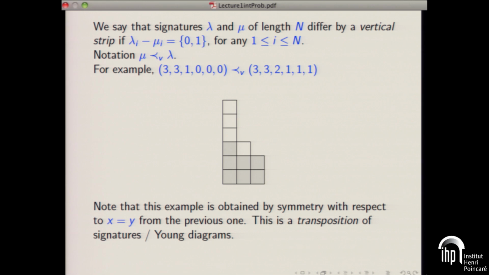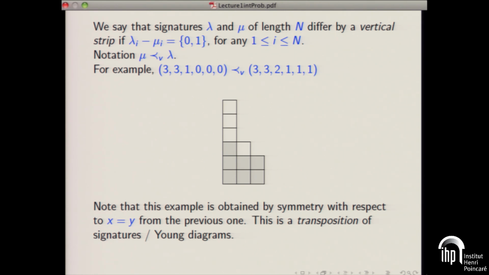We again draw the signatures, and again this picture should be fully inside the larger picture of the larger signature, but the set difference between them should be a vertical strip, which means no two cells are in the same row. So these are just conditions on signatures: whether they interlace or vertically interlace, whether they differ by a horizontal strip or by a vertical strip.